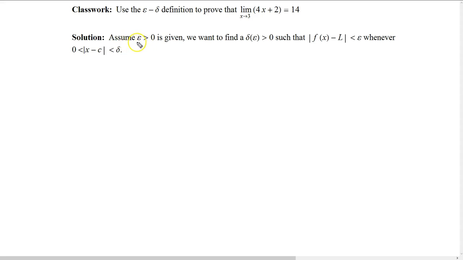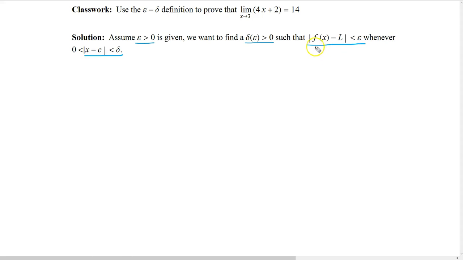So once again, we assume that epsilon greater than 0 is given. We want to find a delta greater than 0 such that f of x is going to be within epsilon units of the number L, or f will be between L minus epsilon and L plus epsilon, whenever x minus c in absolute value is less than delta.